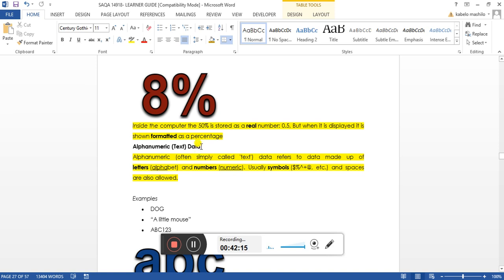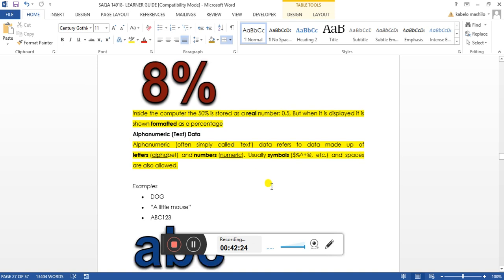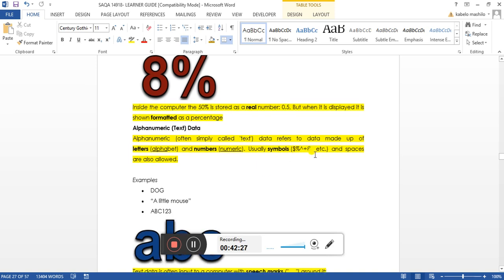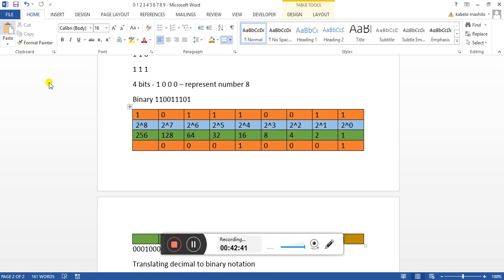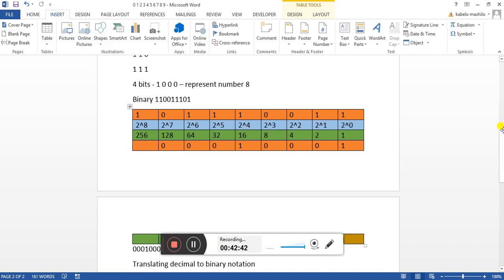Alphanumeric data, often simply called text data, refers to data made up of letters, the alphabet, and numbers, usually symbols. We are familiar with these symbols, and spaces are also allowed. Let me just check whether I can show you these kinds of symbols.